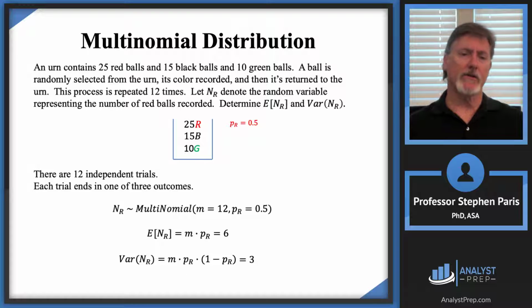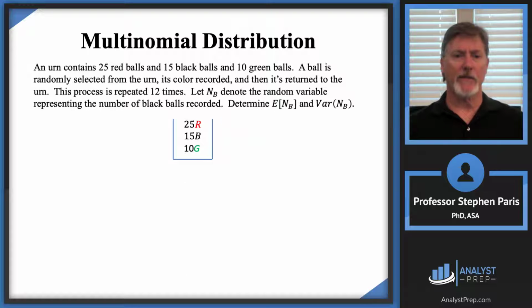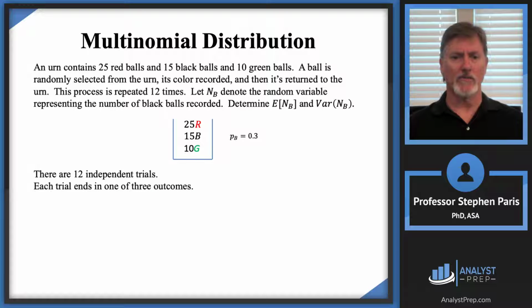Watch what I do when I go to the next slide. I'm going to change the random variable from capital N sub capital R to capital N sub capital B. So now I'm counting the number of black balls that are recorded. Very similar now, since my random variable is counting the number of black balls, my p-value is going to be the probability of selecting a black ball on an individual trial, which was 0.3.